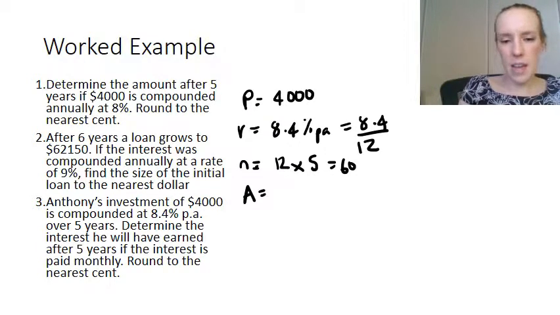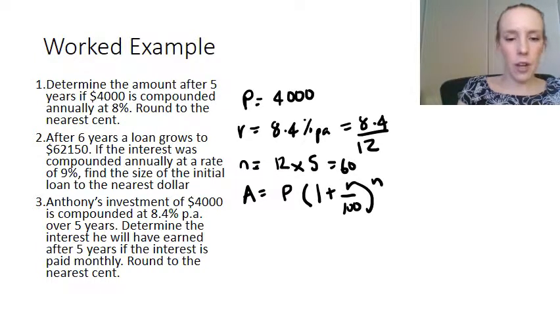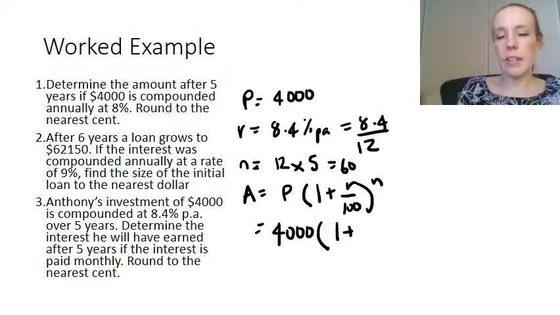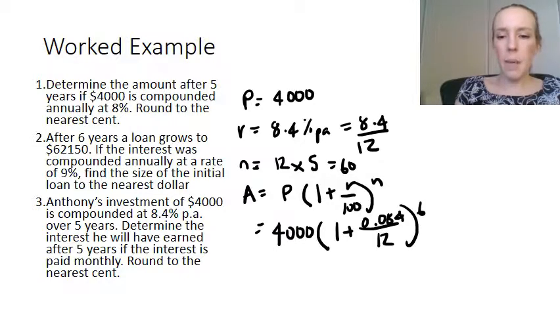A equals P times 1 plus R over 100 to the power of N. So that equals $4,000 times 1 plus, R divided by 100, so 8.4 divided by 100 is 0.084, over 12, to the power of 60.